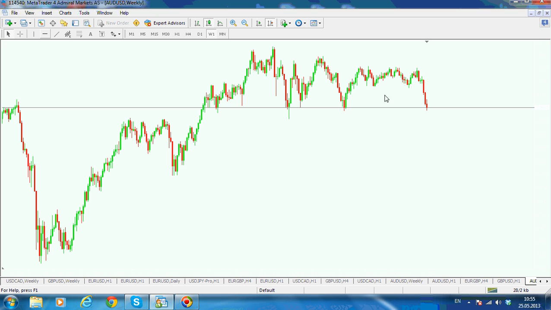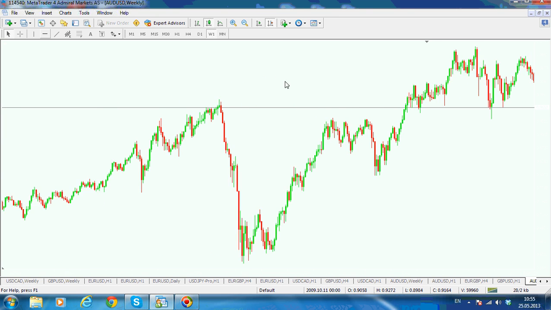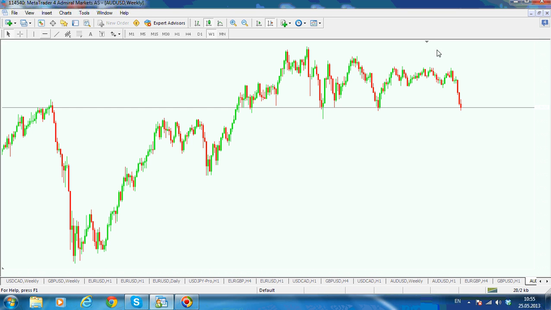Now, this is a weekly chart on the Australian dollar, US dollar, and as you look at this structure here, it is extremely interesting to note that this is the third red candle to the downside, the pair being quite punished after the Reserve Bank of Australia's last meeting, when they just slashed the rates on the Australian dollar, sorry.